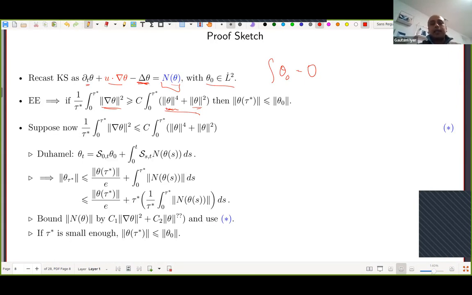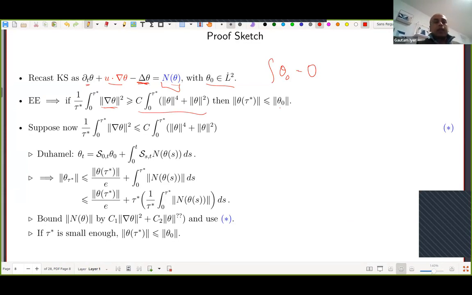I stated that over here, in the form that is going to be useful later. Let's work on an interval tau star. If the time average of the H1 norm of theta on the interval tau star is bigger than the contribution from the nonlinearity, which is what I have on the right-hand side, then the L2 norm must decrease. So this is case one.